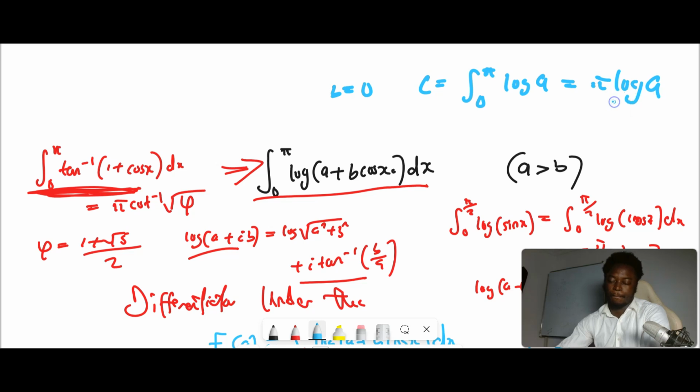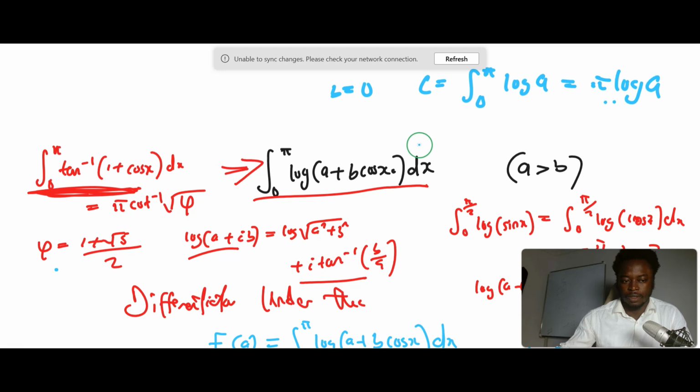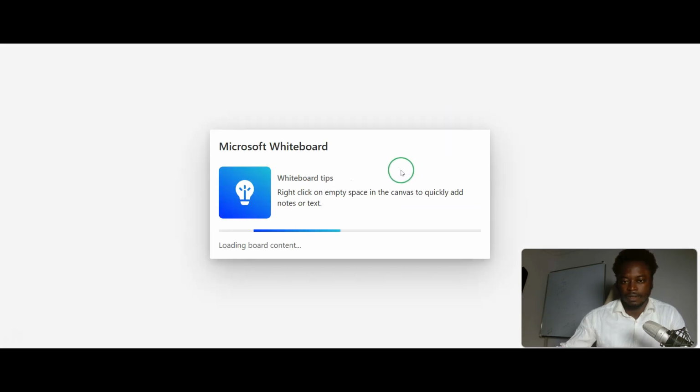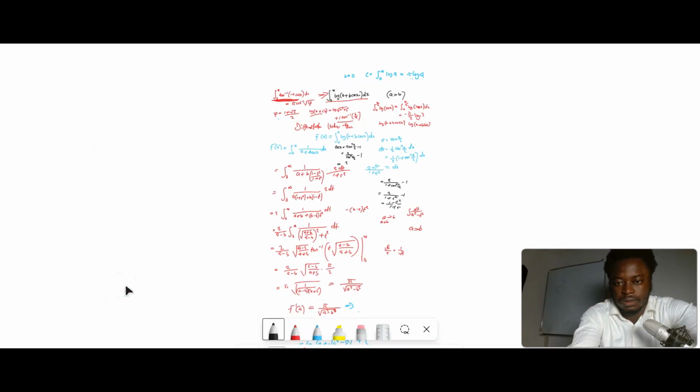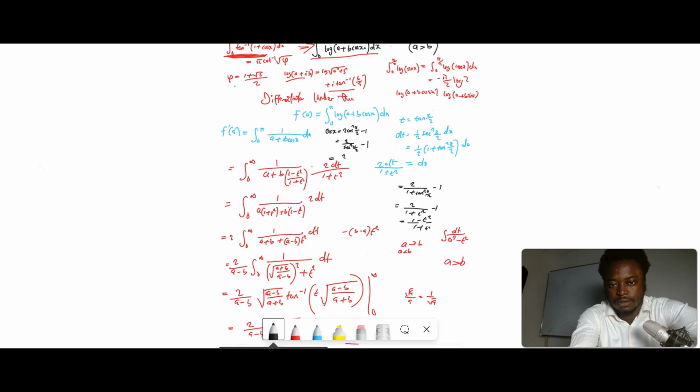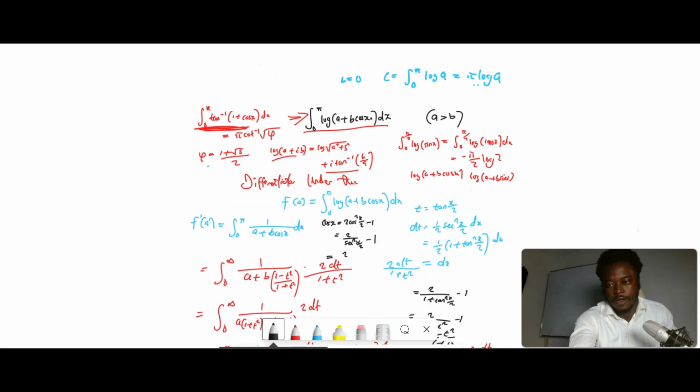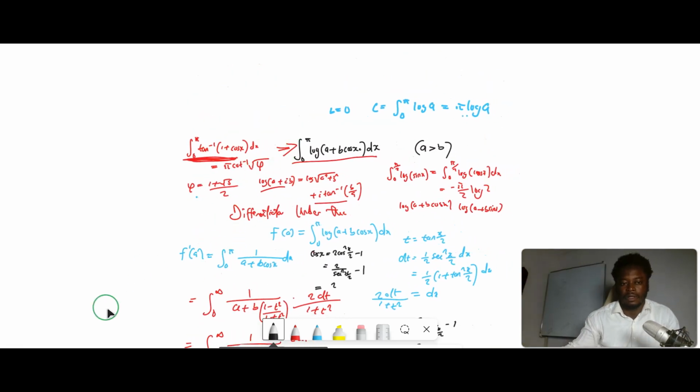Okay, this is not the value of c yet though, because if you plug in b equals 0, f of a becomes pi log a.